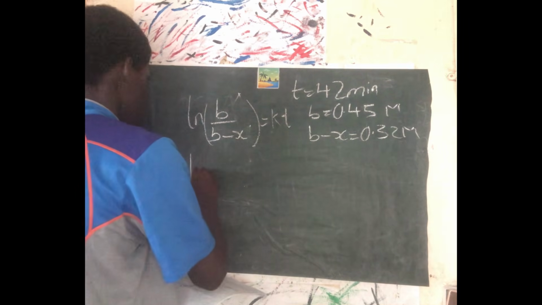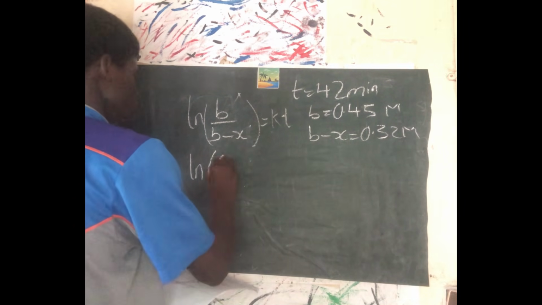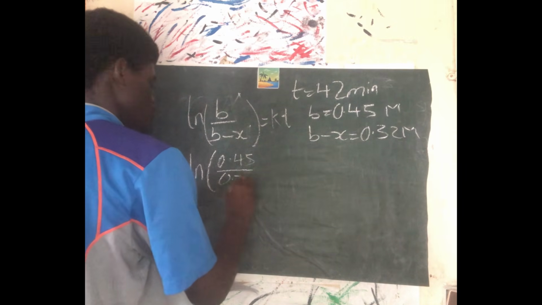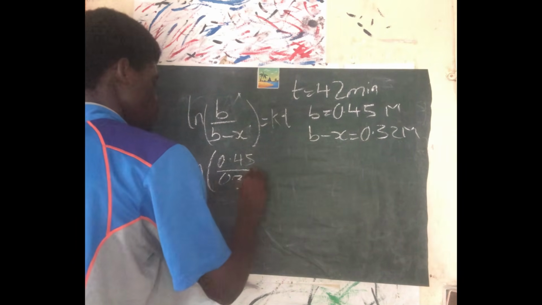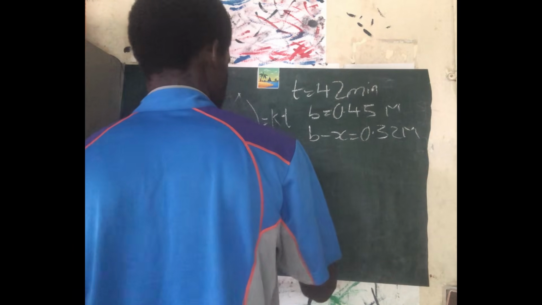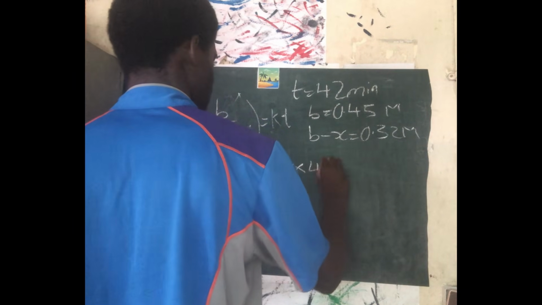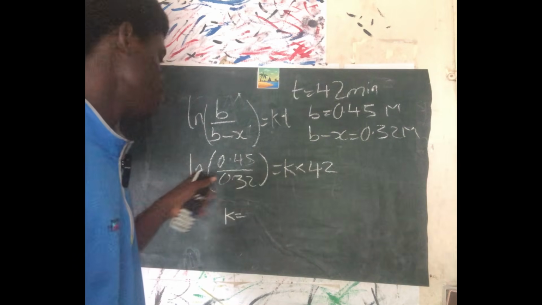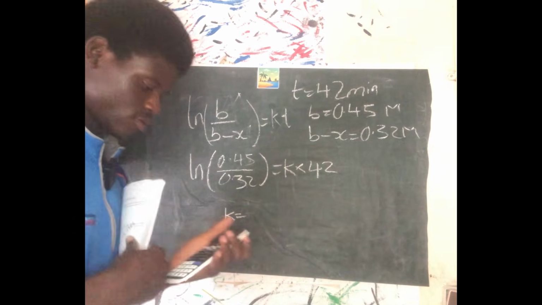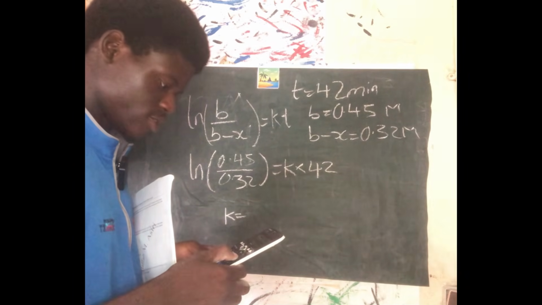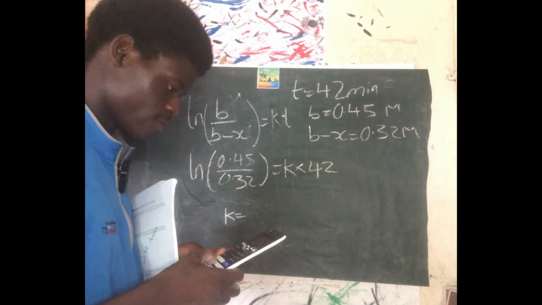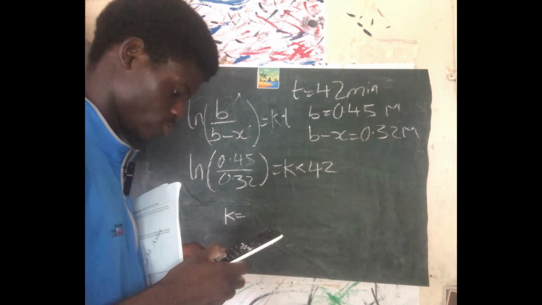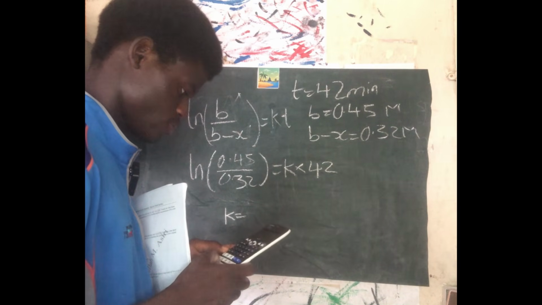So that's ln of 0.45 over 0.32 is equal to k times time. Time is 42 minutes. So let's just find k directly. Just ln of 0.45 divided by 0.32, over 42.